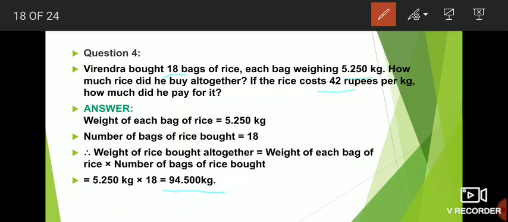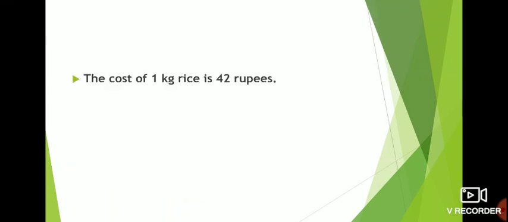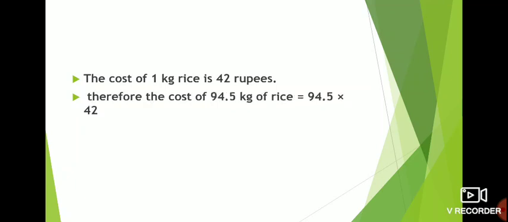So total he bought 94.500 kg. So for that again what we have to do? Yes, we have to do the multiplication. Correct. 94.5 into 42. 94.500 or 94.5 both are same only, no? Because after 5 there are zeros. That is 500 or 5 both are same only.